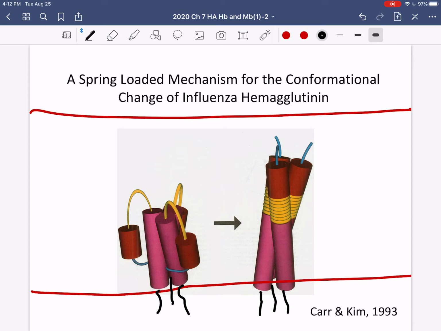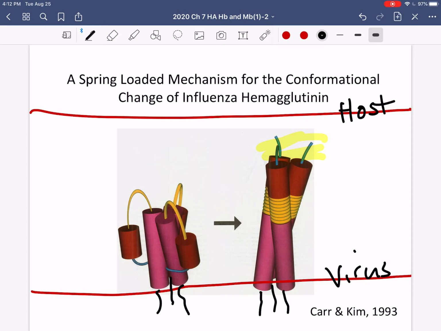And then you've got these fusion peptides at the top in blue, which are actually doing the business of attaching to the host cell membrane. Okay, this would be the host, and this is the virus.